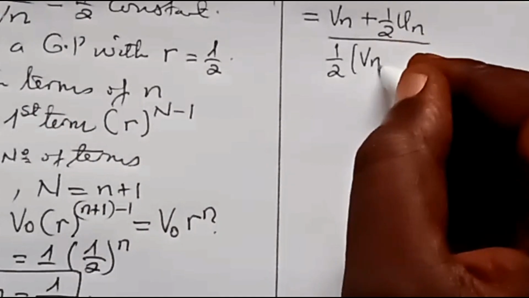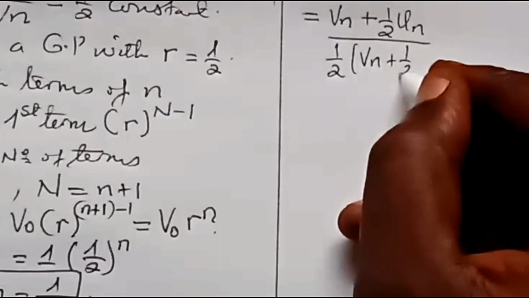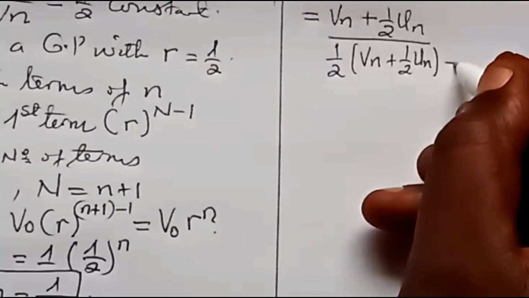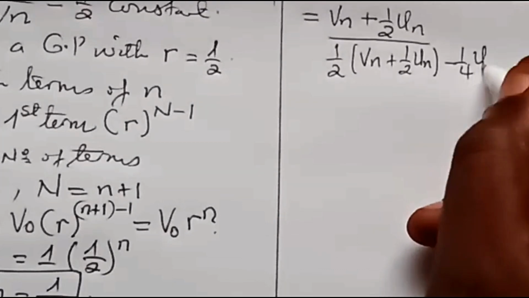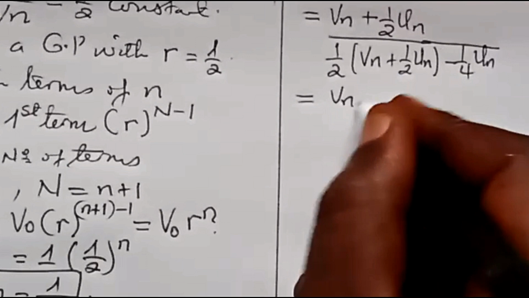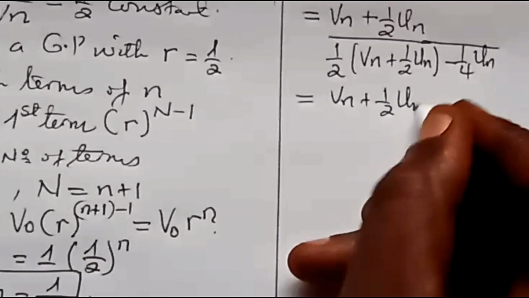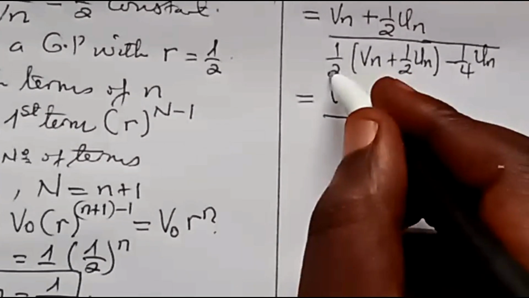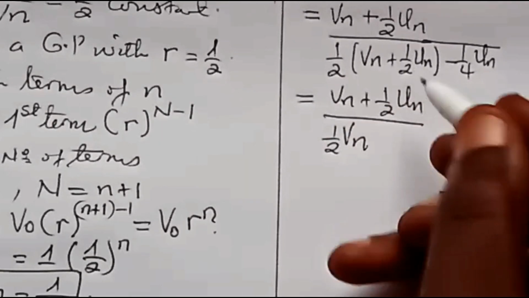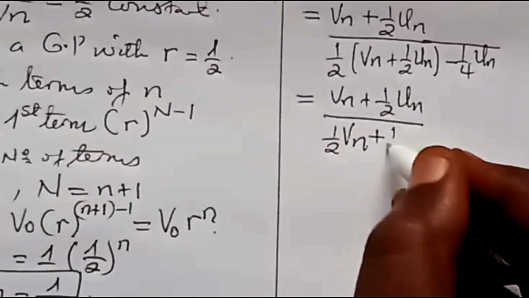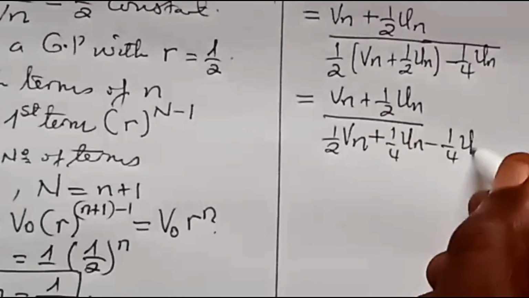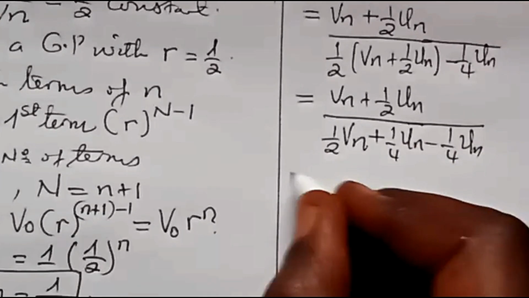So we replace it with Vn plus half Un, then minus 1 quarter Un. And this gives Vn plus half Un all over half times Vn, which is half Vn. Half times half Un gives 1 quarter Un, and then minus 1 quarter Un.